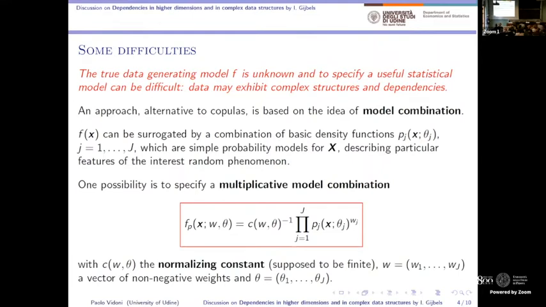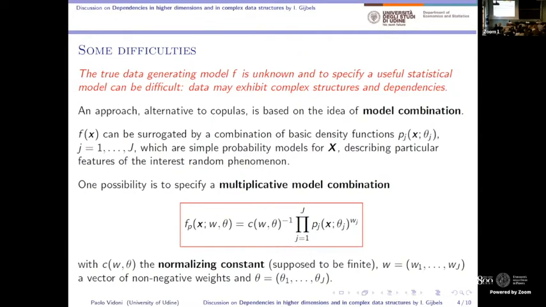An alternative to copulas could be to specify a surrogate for the true f by means of a sort of model combination. We may consider a set of simple basic d-dimensional density functions, Pj, and combine them to get this surrogate for the true f.